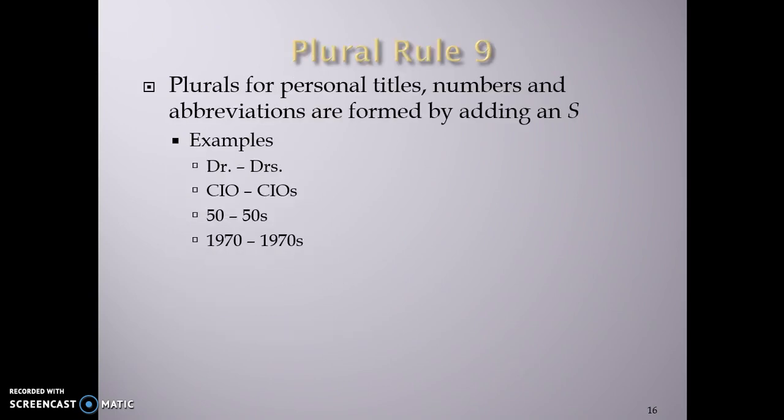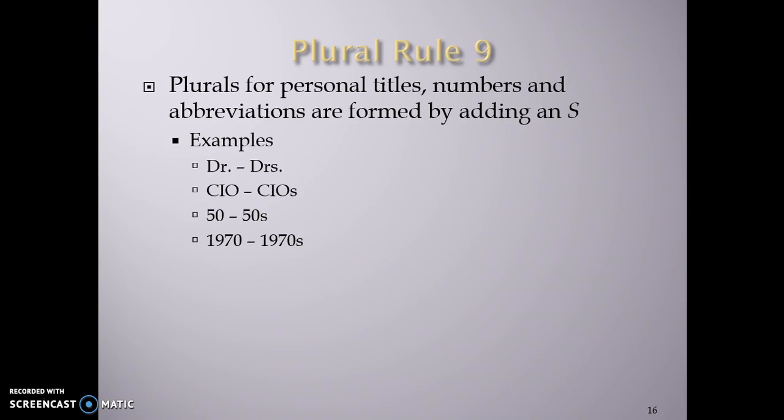Rule number 9 says plurals for personal titles, numbers, and abbreviations are formed by adding an S. So you can see here, if you have more than one doctor, you can put the title, Drs, capital D, lowercase r, lowercase s. Same thing with an acronym. CIO is Chief Information Officer. But if you have several of them, you want to say CIOs. All of the letters are capped except for the S. Same thing with decades.